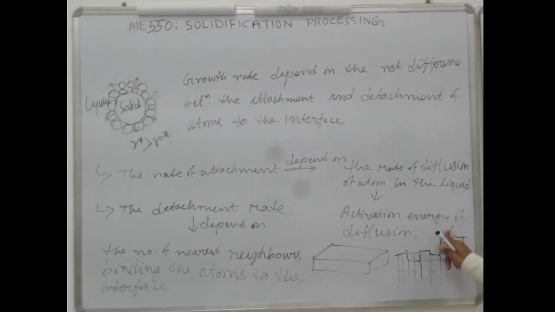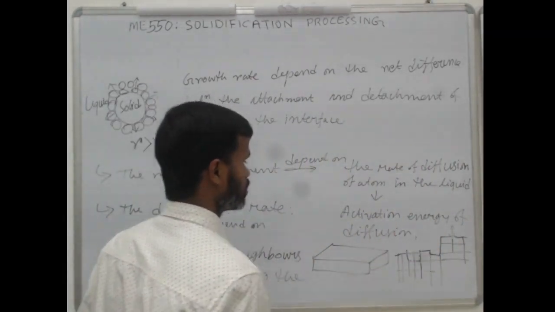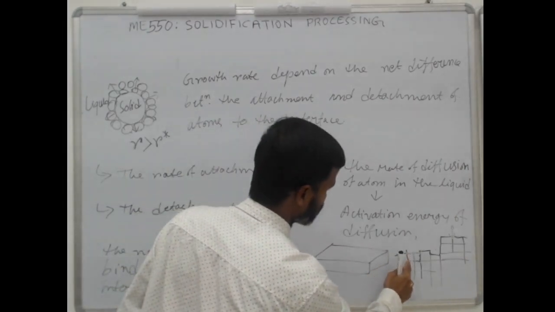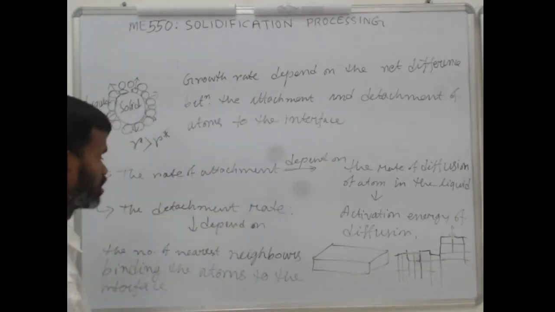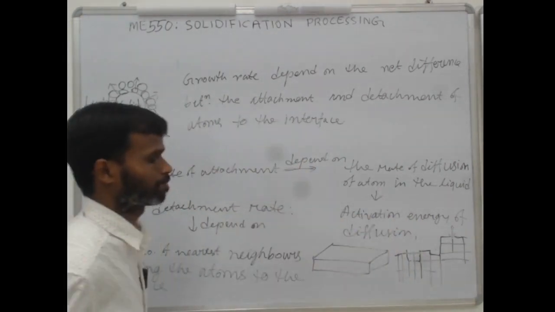So this will not be favored, but this will be favored. So this has the higher probability of staying there than this one. This one will detach very easily. So the rate of detachment depends on the number of nearest neighbors binding the atoms to the interface.